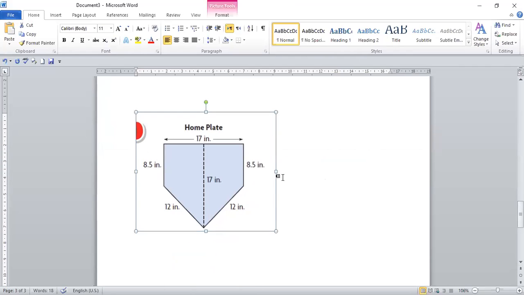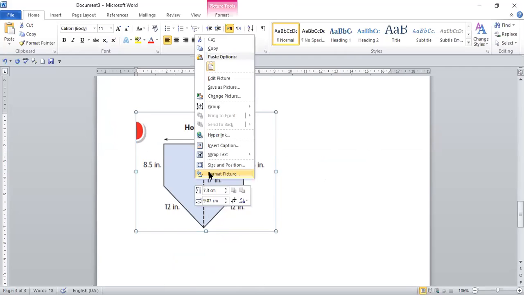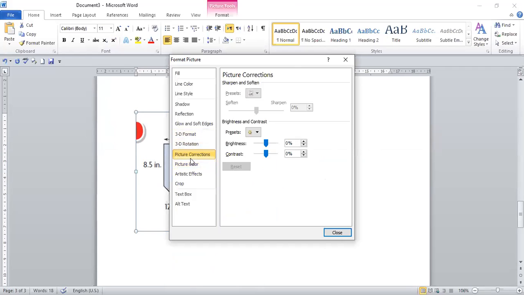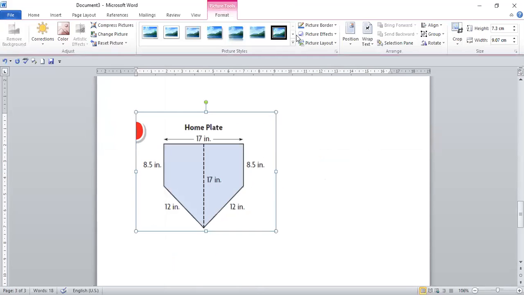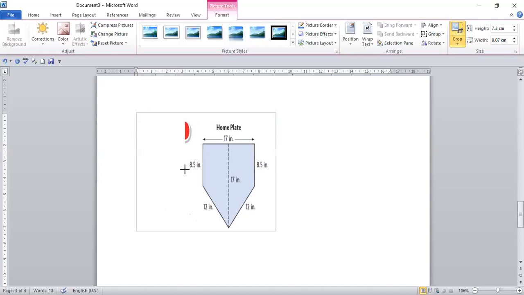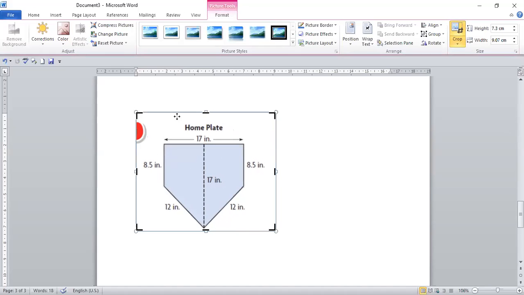What we have to do is find the height of one trapezoid. Let me just crop this picture and show you what they are talking about.